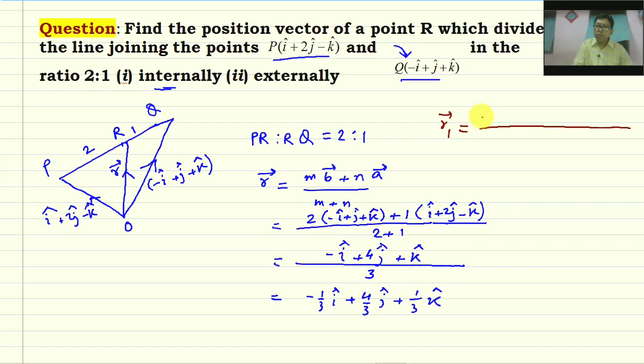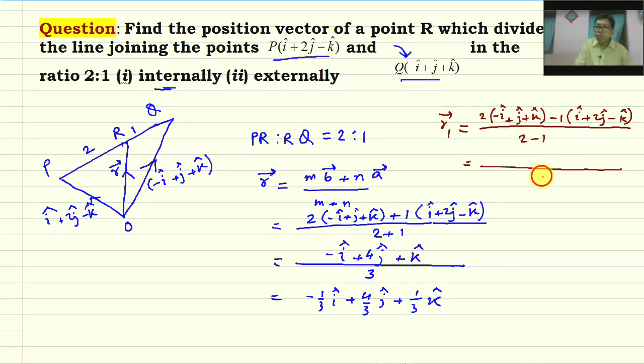So 2 times (−î + ĵ + k̂) minus 1 times (î + 2ĵ − k̂), divided by 2 − 1. So the denominator is 1.